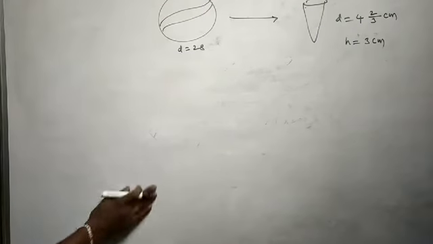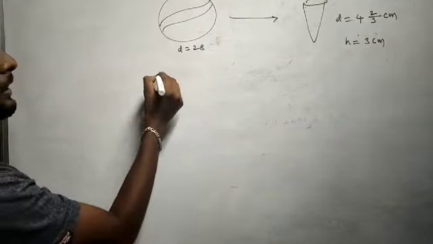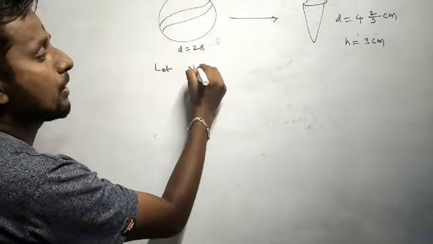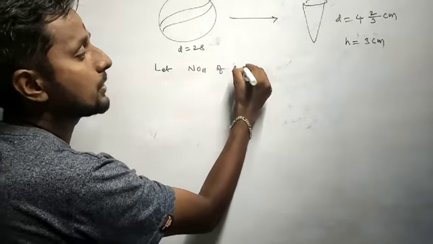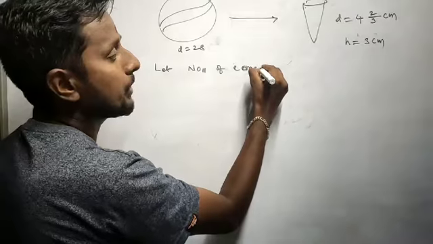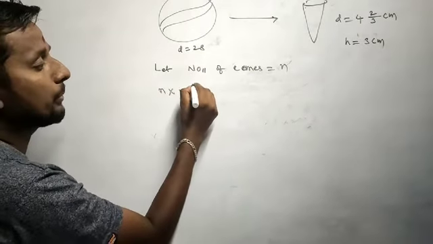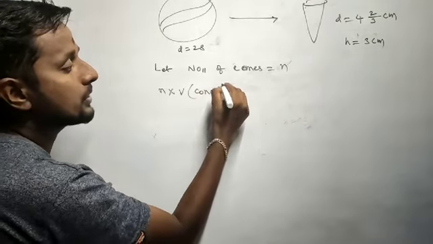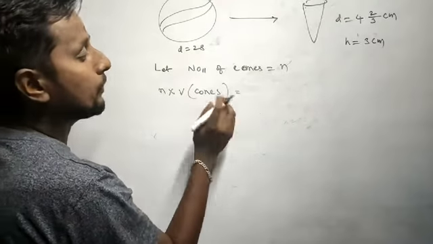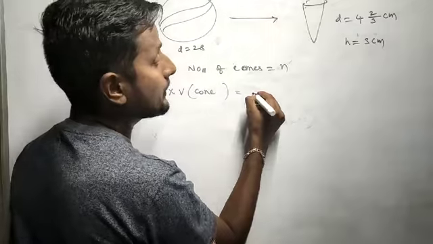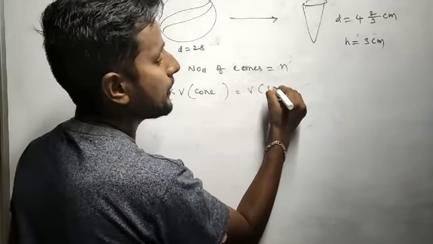Okay, so simple. Let the number of cones be n. So simple, I'll write n into volume of cone is equal to volume of the sphere.